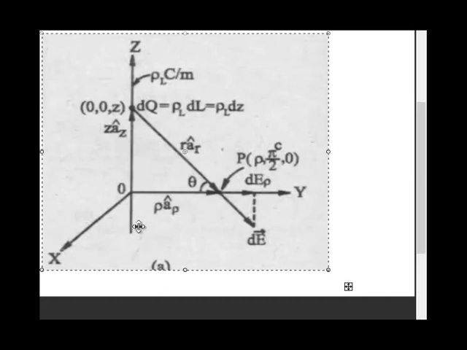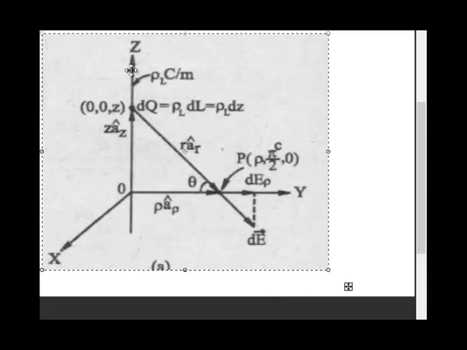And if we spread a uniform charge over an infinite line, then the electric field intensity due to that line at a point P in space can be found with this figure, and it will have a formula. We don't have to derive that right now.